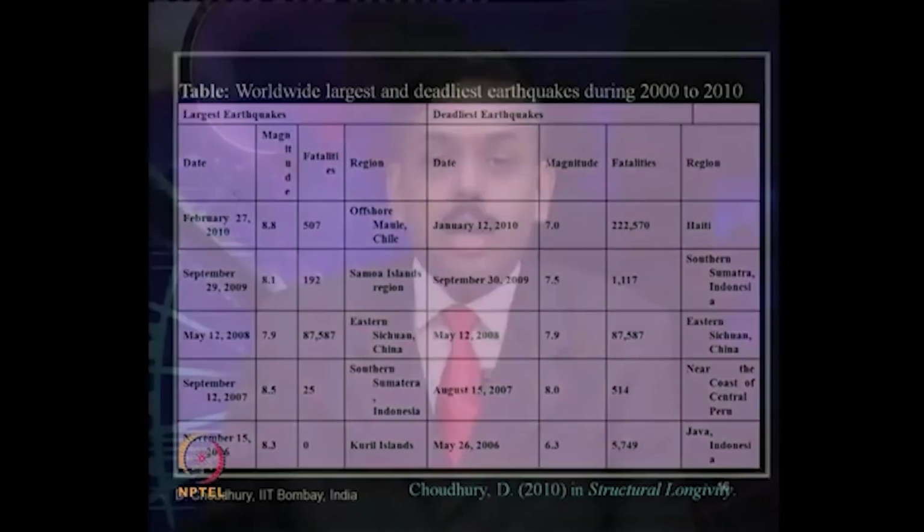So, obviously, it will not cause a large amount of damage, whereas if another earthquake occurs at another place which may not be of very high magnitude or the largest magnitude of that year, it can still be considered the deadliest earthquake, because, suppose, it occurs in a very highly populated area or in an area where the buildings and structures are not properly designed to withstand earthquake forces, or non-engineered constructions are there.